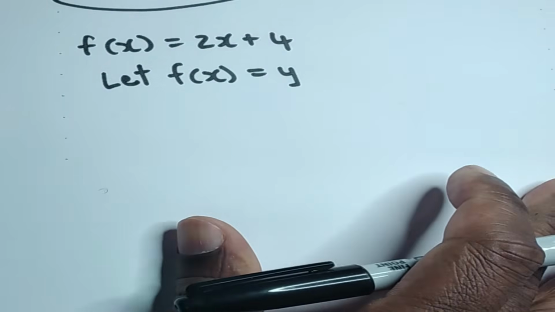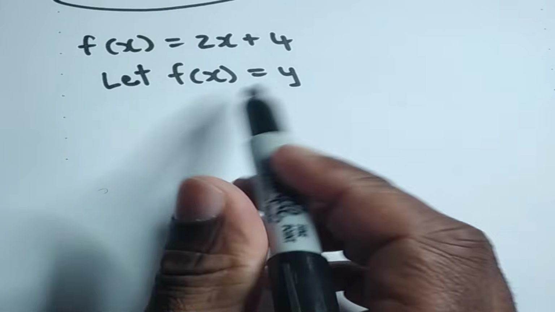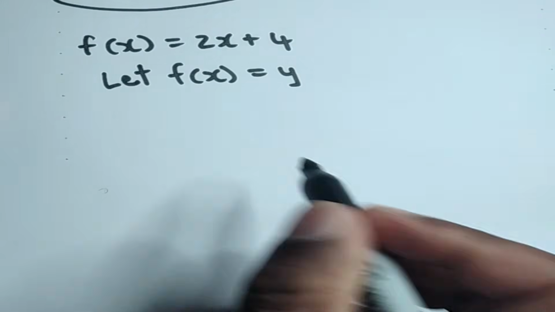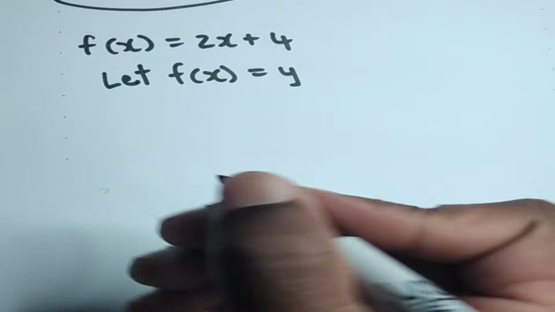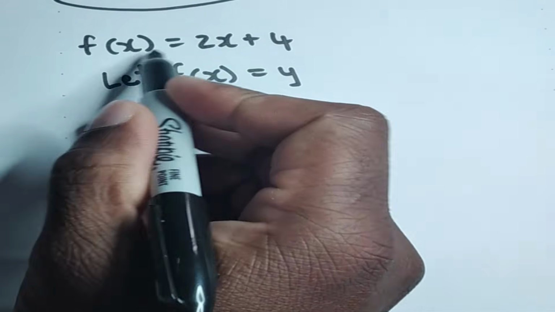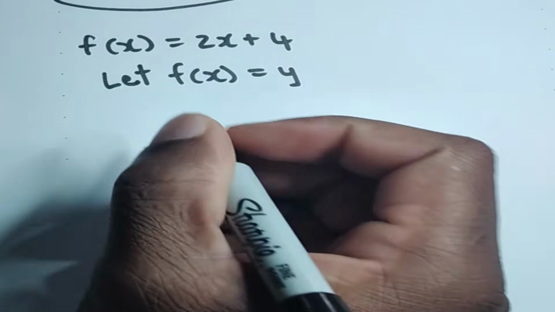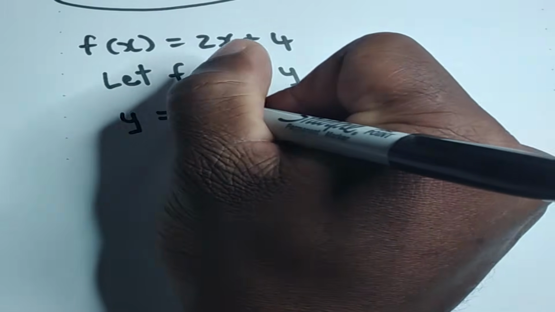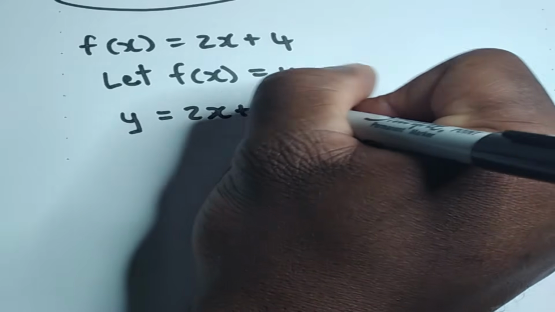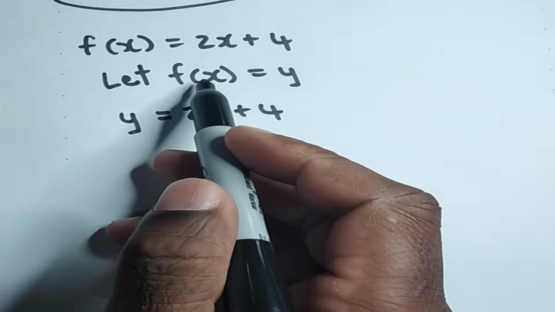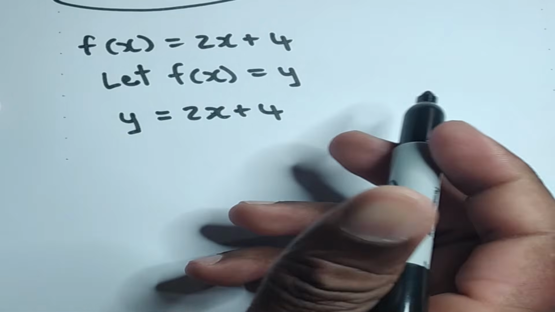If you recall what I've explained previously, f of x is the same thing as y, and y is easier to work with than f of x. So that's why we choose to use y here. Instead of f of x being equal to 2x plus 4, we replace f of x with y, so y is equal to 2x plus 4. That's the first part of it.